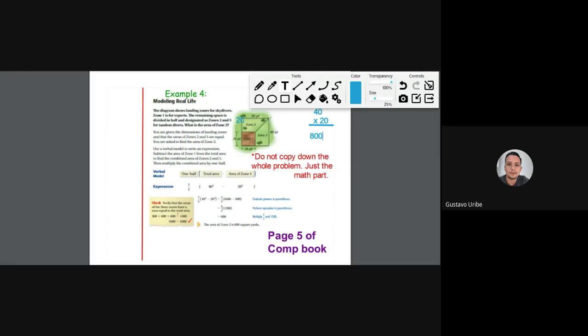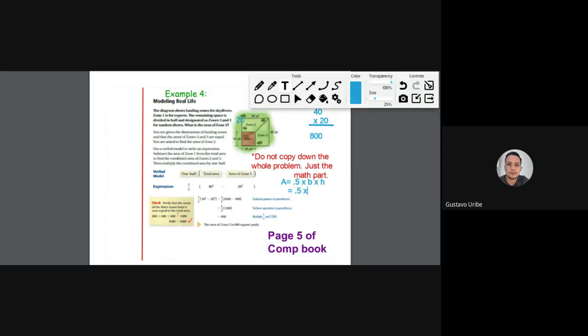Now I can look for the area of this triangle and subtract it from this 800, and it should give me the answer. The area of a triangle is 1/2 or 0.5 multiplied by the base multiplied by the height.